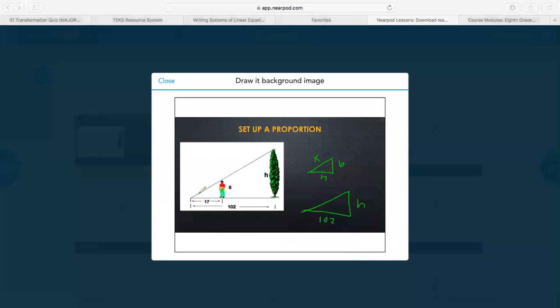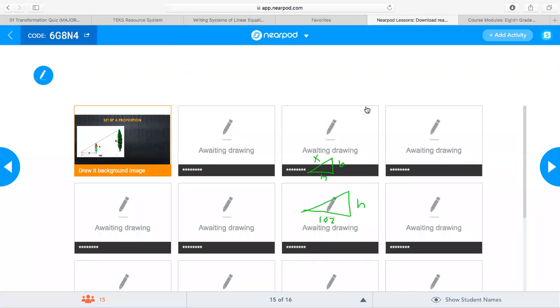So we just got to make sure we can see the triangles. This one, you can't figure out the answer. All you could do is set up a proportion.